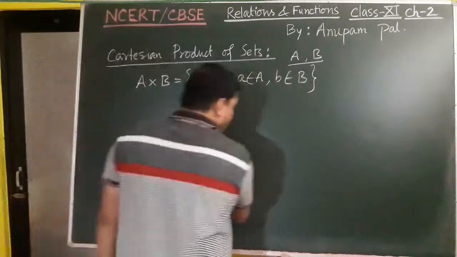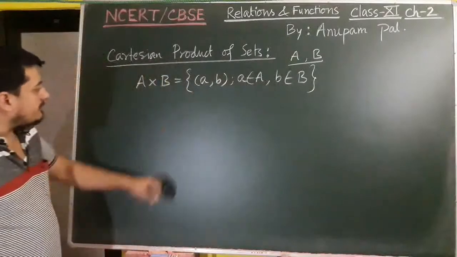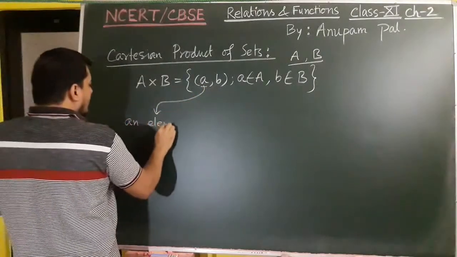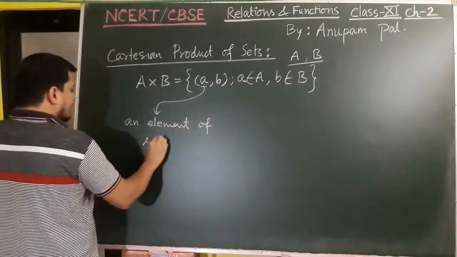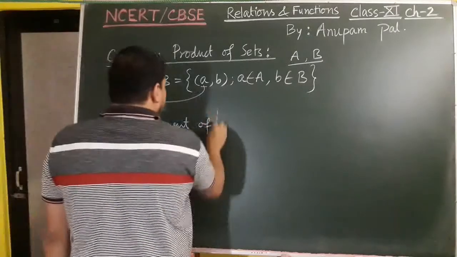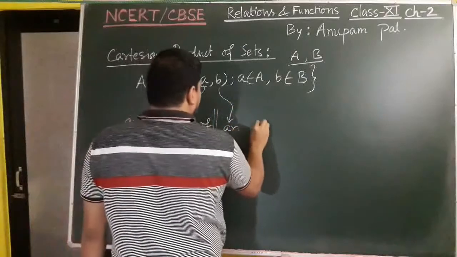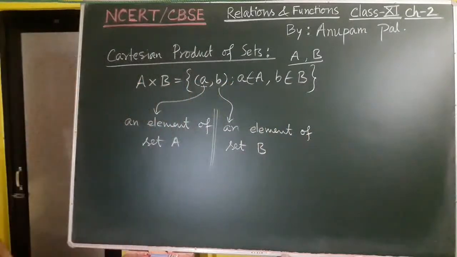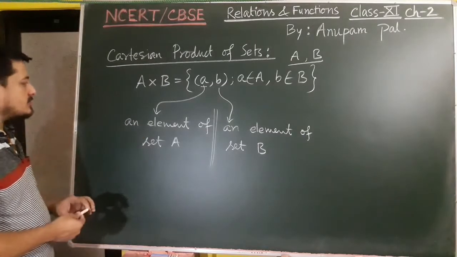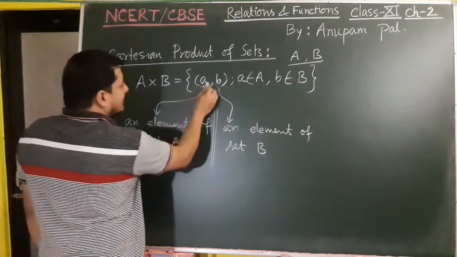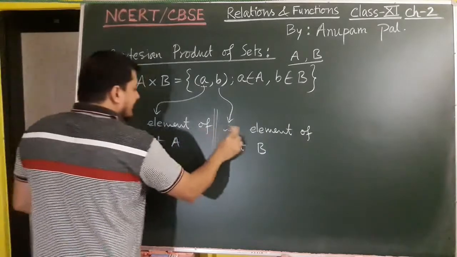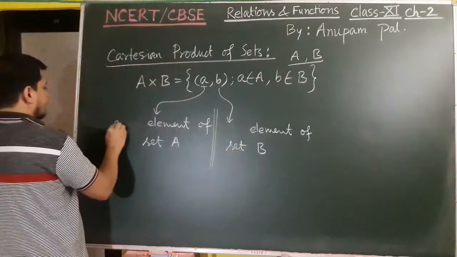Now we shall again come to this one. If you look at this, what is a? a is nothing but an element of set A, and what is b? b is an element of set B. Okay, fine. Instead of "an", you can write "each" here also, which is more precise.